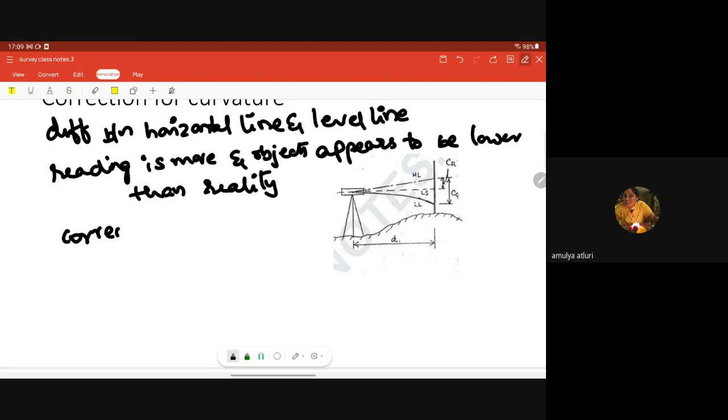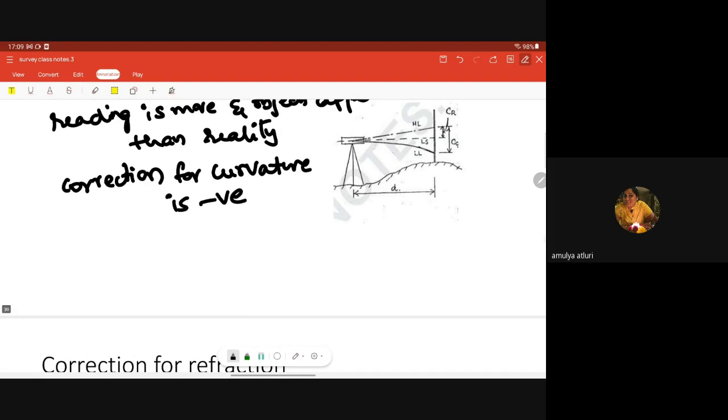Hence the correction for curvature is negative. So how do we calculate? CC is equal to d square by 2r. So d is the distance, r is the radius of curvature.